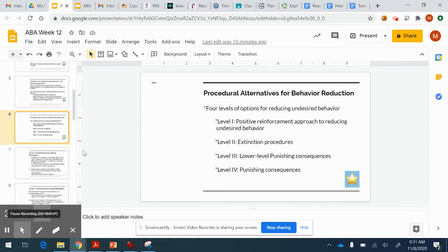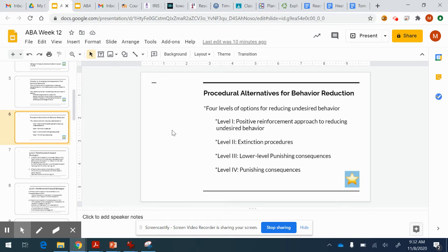The authors talk about 4 levels of options for reducing undesired behavior. We're going to go through each of these levels in detail, but make sure that you know the levels. Level 1 is that positive reinforcement approach to reducing undesired behavior. Level 2 are extinction procedures.